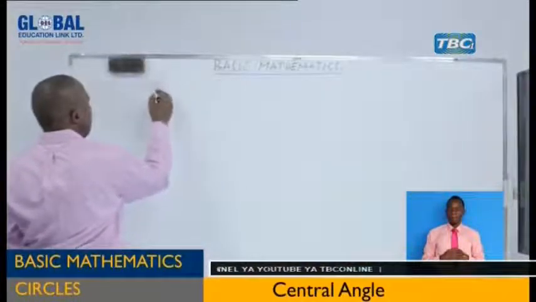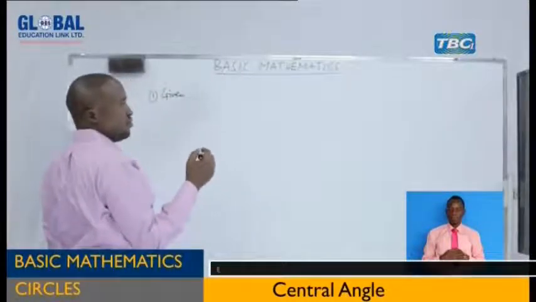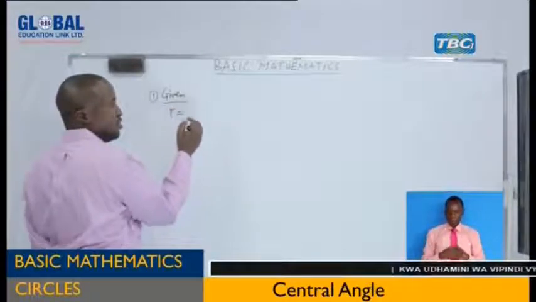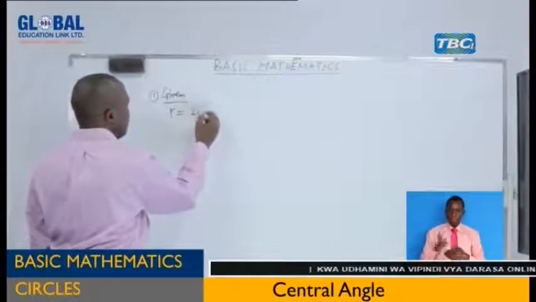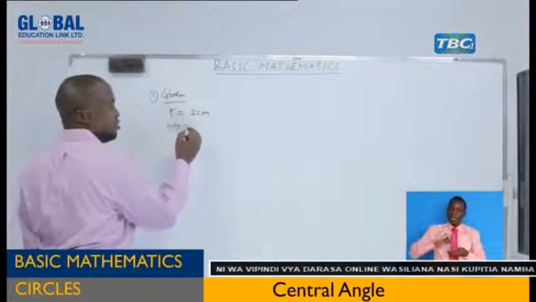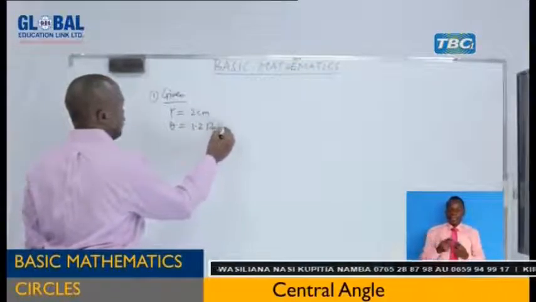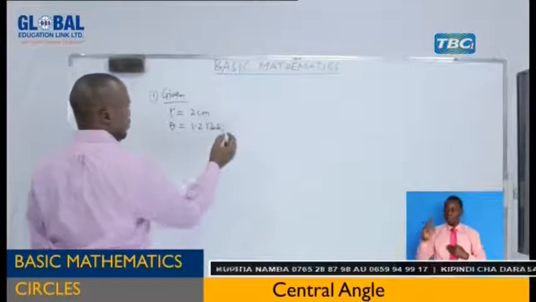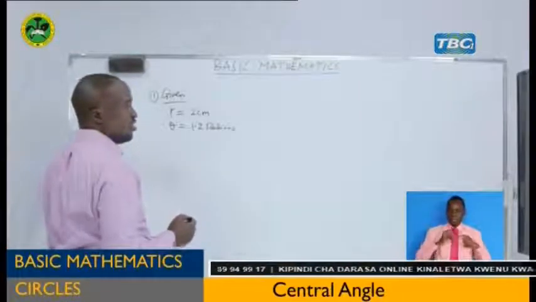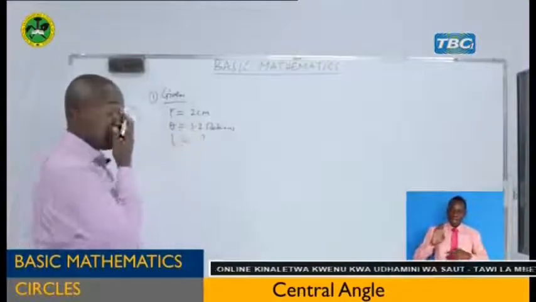So the radius is equal to 2 centimeters, then the angle is 1.2 radians. Calculate the length of the arc. We need the r.